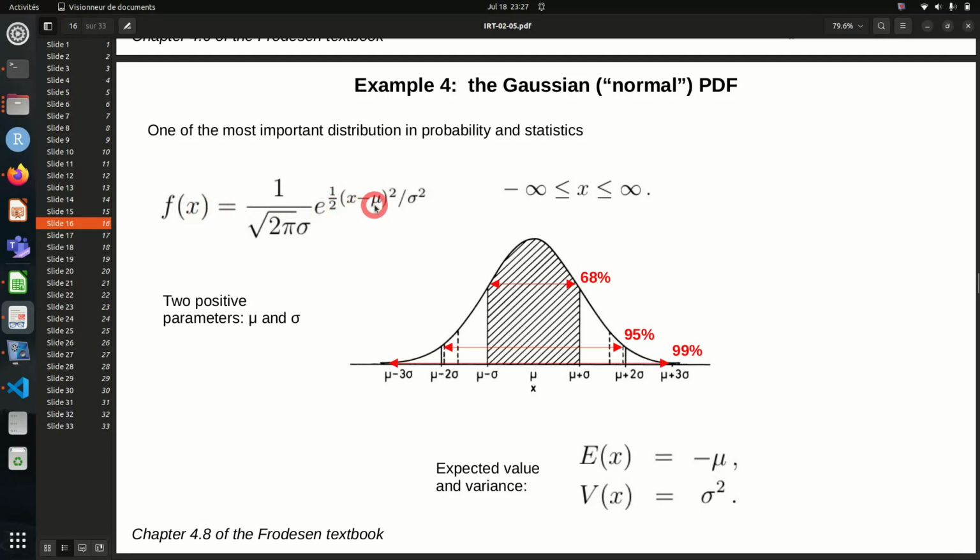One parameter is mu, the mean value, and the other one is sigma, the standard deviation. The Gauss PDF looks like a mountain, like we say also a bell curve. The mean value is the mu, as given in the definition, and the standard deviation is sigma.